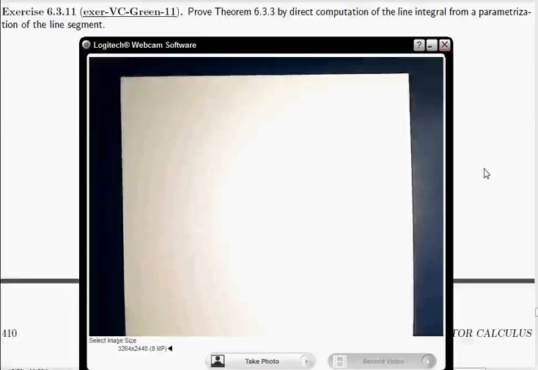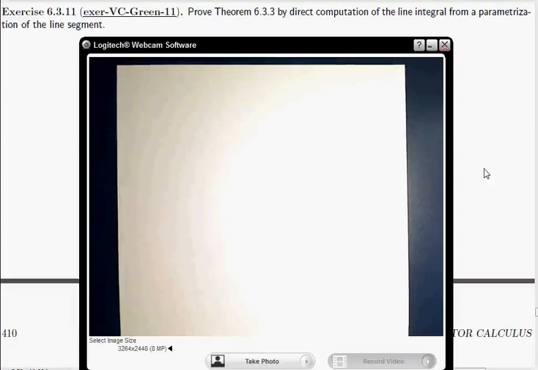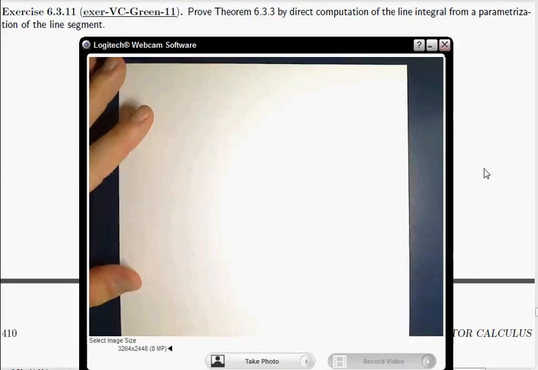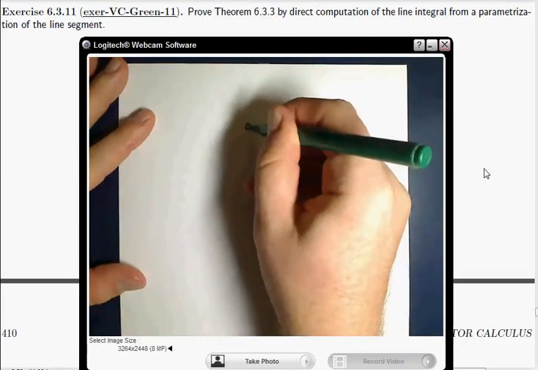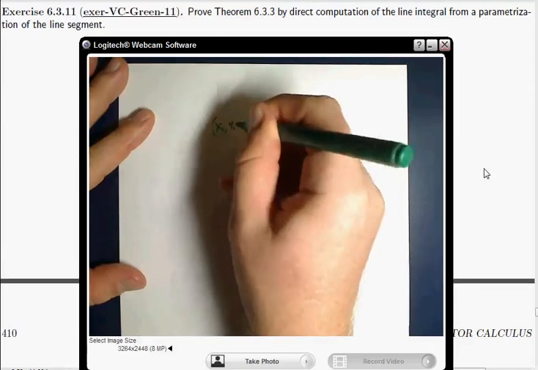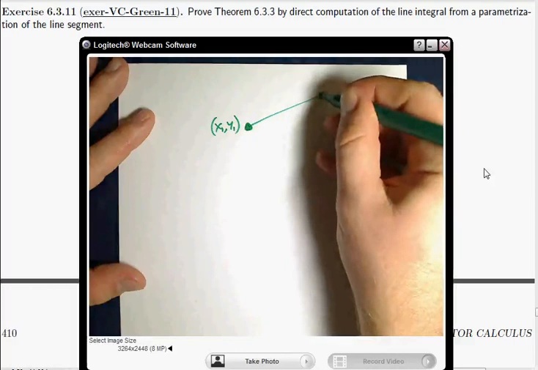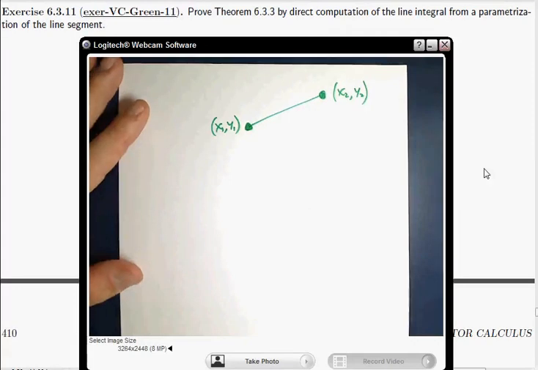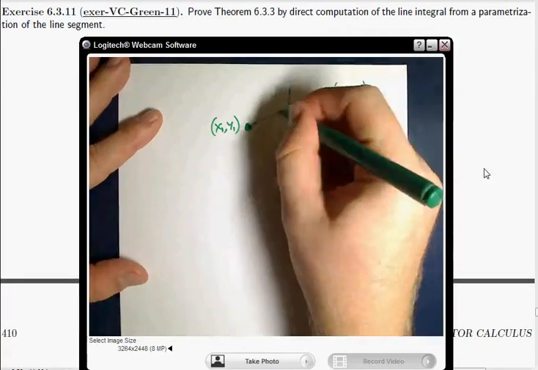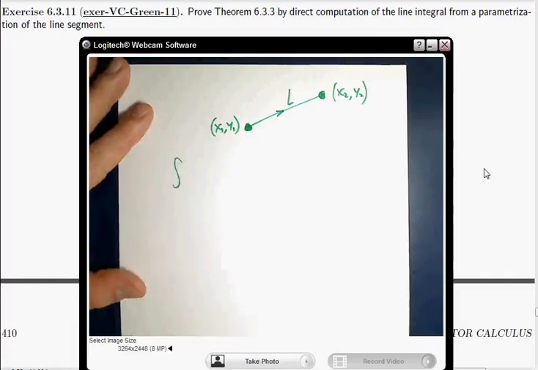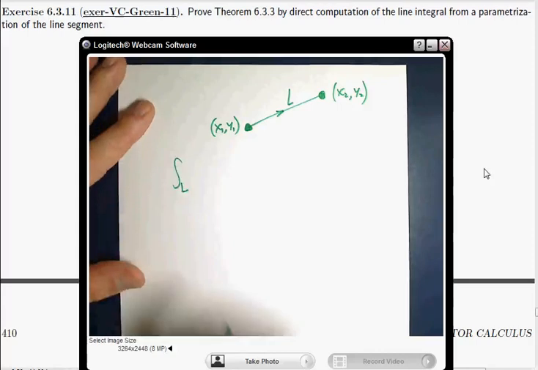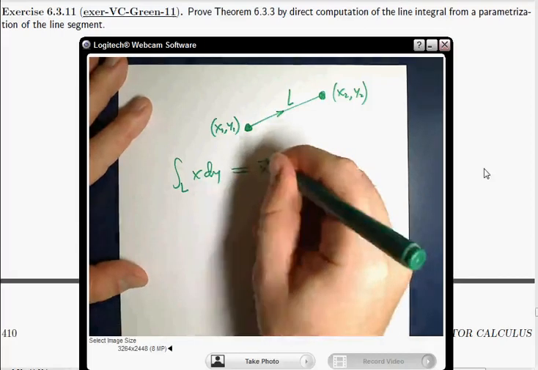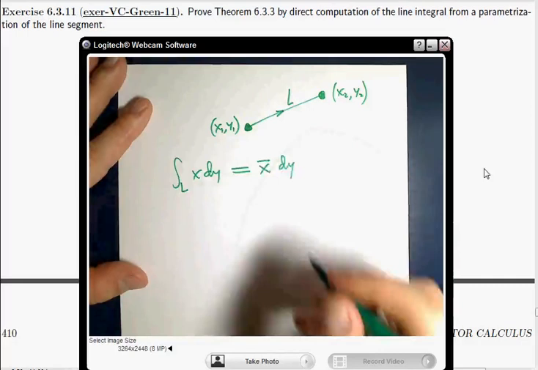Okay, so Green 11. This is a direct calculation, but there are a couple of steps in the setup. The problem says, Theorem 6.3.3, is that if you have a point (x1, y1), and then a line segment over to another point (x2, y2), call that line segment L, going that way, then the line integral over that line segment of x dy equals, according to this theorem, the average value of x times dy, delta y.